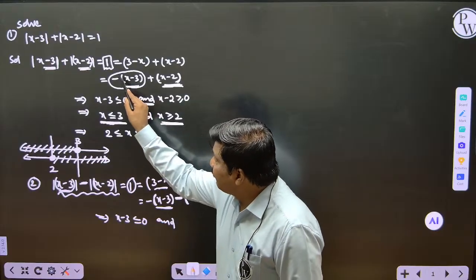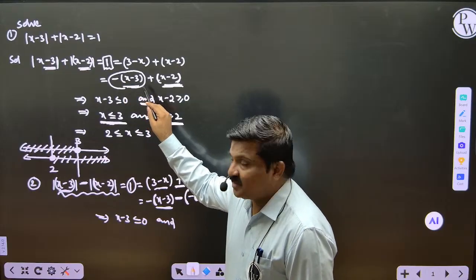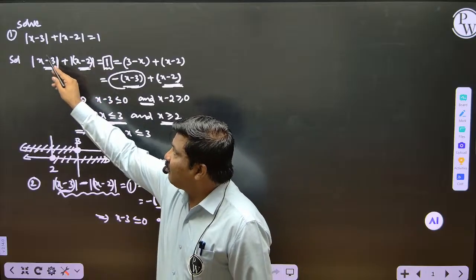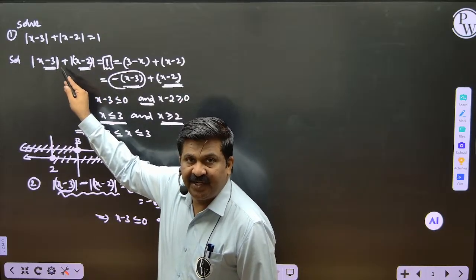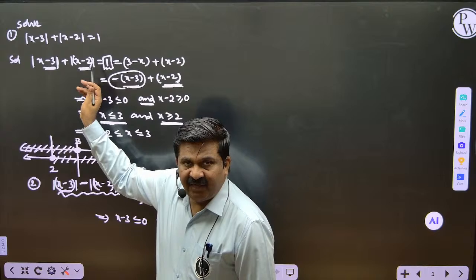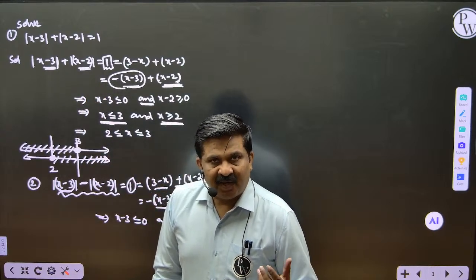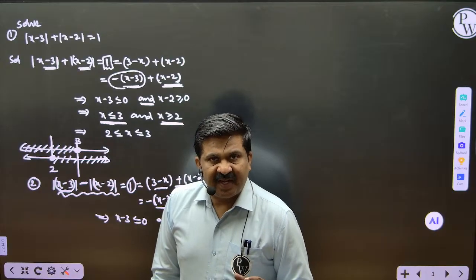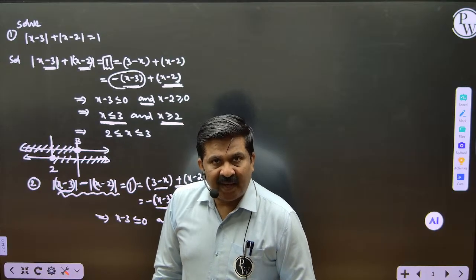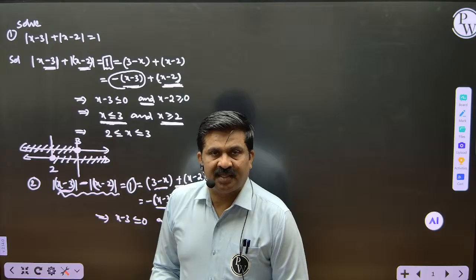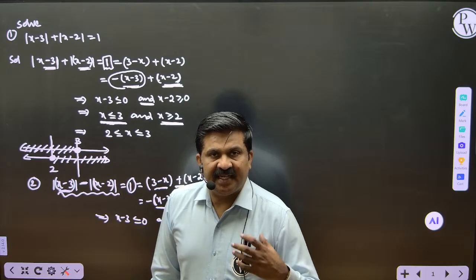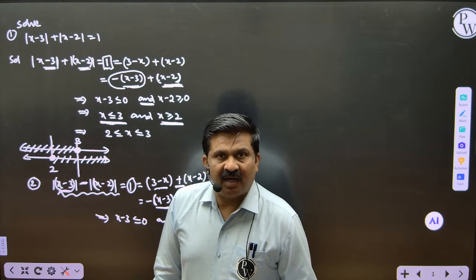Here I have written a minus of, this means inside the modulus may be negative or 0. If you write as it is, inside is positive or 0. If you write modulus as minus of inside the modulus, you can consider that inside is negative or 0.